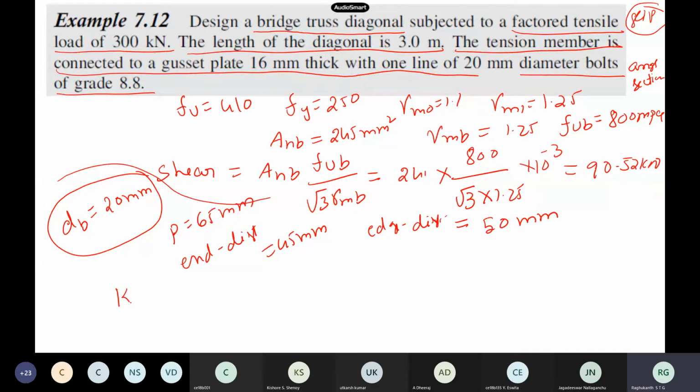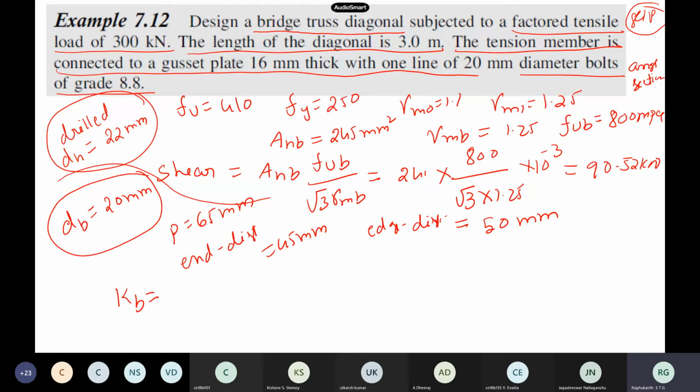And if you find out KB, you know how to calculate that: E by 3 times D naught, P by 3 times D naught, and all those things. Here also let us assume that all the holes are drilled only. So when the holes are drilled, the diameter of the hole will be simply 22 mm. Suppose if the holes are punched, then you have to add another extra 2 mm.